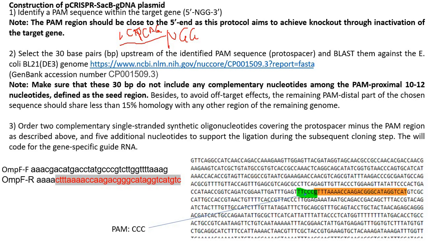If this is the sequence you want to target, when you are designing your guide RNA, this sequence should be near the NGG. And just remember, your guide RNA will not contain the PAM sequence.